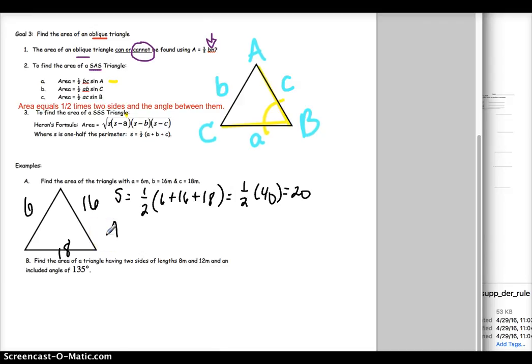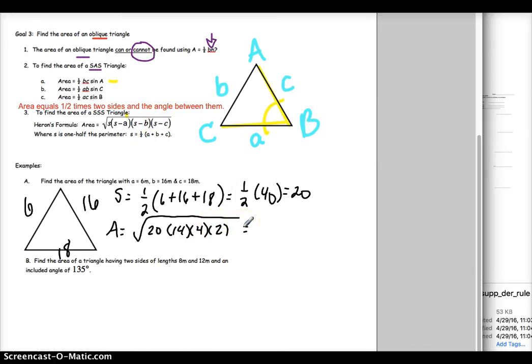So when we're finding the area using Heron's formula, and again we're using that because we know the three sides only, we begin with S, or 20, times S minus A, so S minus 6, or 20 minus 6 is 14, times S minus B, or 20 minus 16 is 4, times S minus C, 20 minus 18, which is 2.